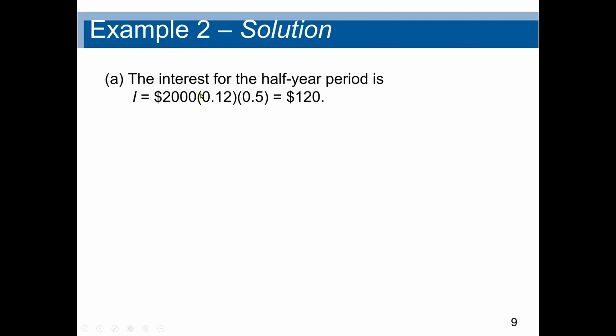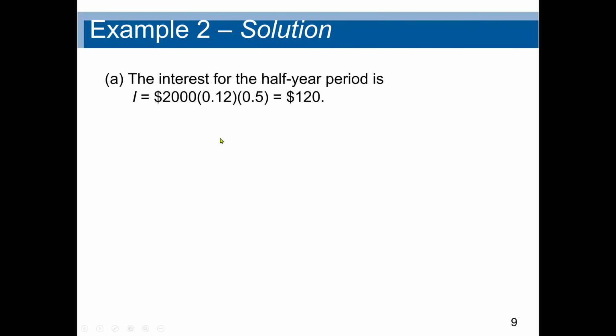First, the interest for the half year. Again, we have to change the period to yearly, so half year means 0.5 year. The amount of investment is 2,000. The interest rate is 12%, so it will be 0.12, and for a period of half year, it will be 0.5. That gives us 120.